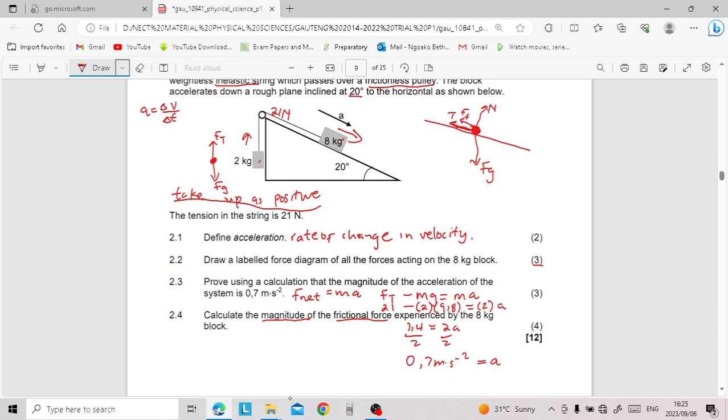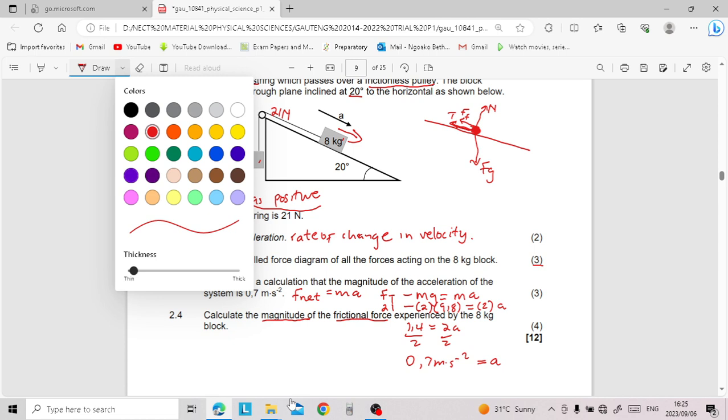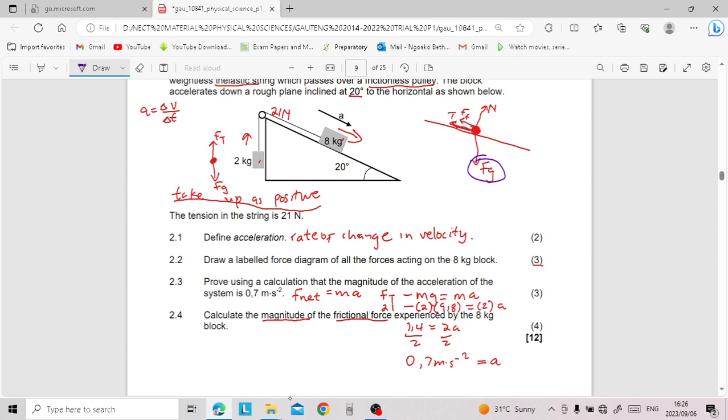We need to resolve this F G. So we resolve it into two components: F G parallel, which is mg sin theta, and then the other one is perpendicular to the surface, F G perpendicular. This is always so, as long as we have a slope with angle theta.